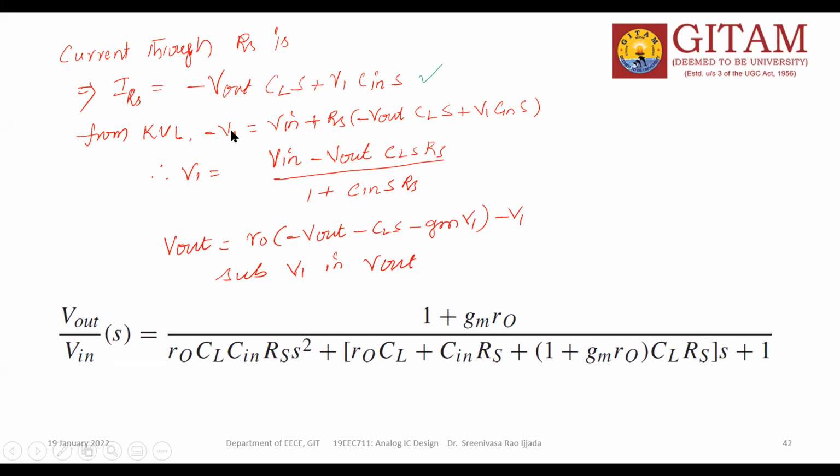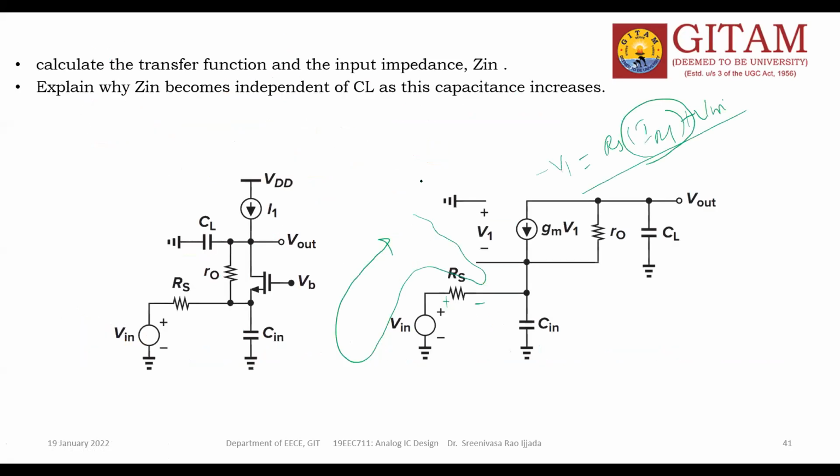V1 is here and V1 is here, so if you bring this V1 to this side, this becomes 1 plus C in S into RS. The numerator has V in and V out. So finally V1 is equal to V in minus V out into CLS into RS by 1 plus C in S into RS. Understand? Yes, sir.